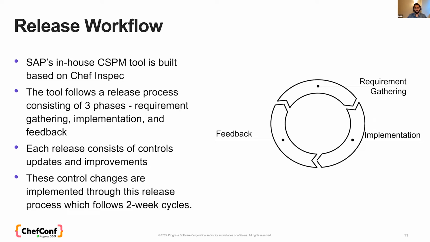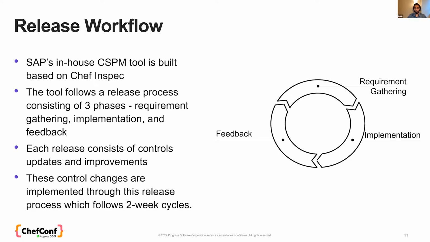So the feedback phase ultimately leads us back into the requirements gathering phase, which we'll see how that happens in the upcoming slides. But each release essentially consists of the various things related to the controls written in Chef InSpec. So that will essentially range from the control updates and the improvements. So what they are, how that exactly is done, we will look into the upcoming slides.